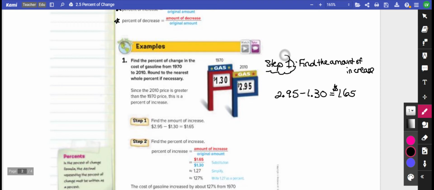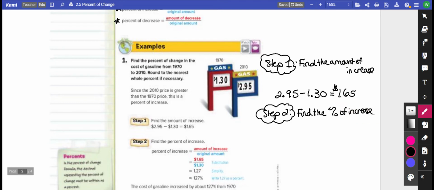So that was step number 1. Now let's try step number 2, finding the percent of increase. I use the percent sign instead of writing out the word percent, just as shorthand. It's up to you if you want to do that. I'm going to take $1.65, the amount of increase, and divide it by my original amount of $1.30.